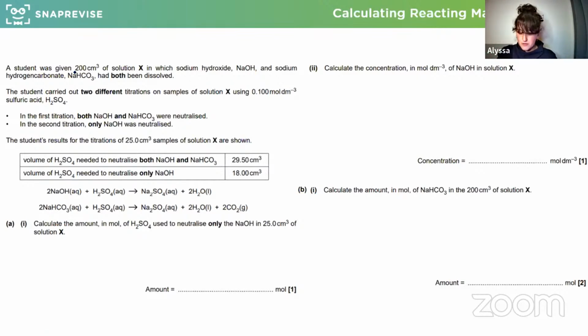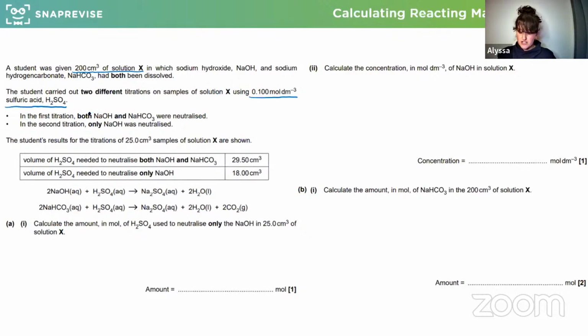So a student was given 200 cm³ of solution X, in which sodium hydroxide, NaOH, and sodium hydrogen carbonate, NaHCO3, had both been dissolved. Yes, titration, exactly. The student carried out 2 different titrations on samples of solution X, using 1 mol/dm³ sulfuric acid.